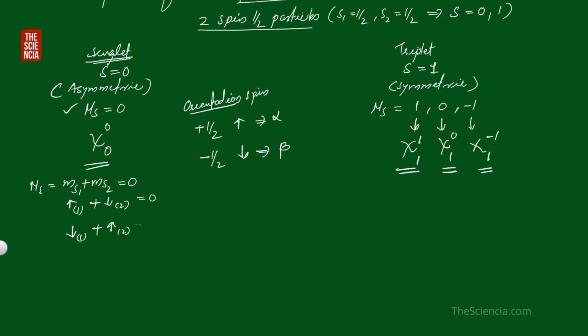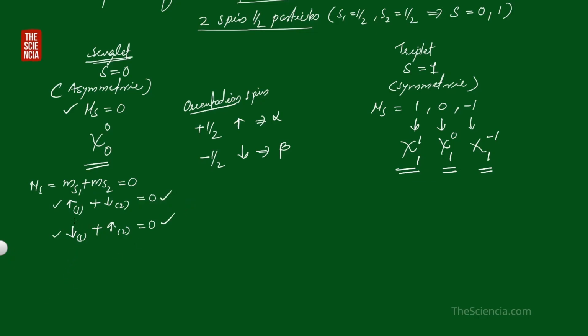So then also when adding plus half and minus half, we will get 0. Okay, so these are the two possible combinations of particles which give the total MS value equal to 0. And here we cannot distinguish which particle is in the spin up state and which particle is in the spin down state. So we have to take a combination of these two. Okay, that is these two expressions.